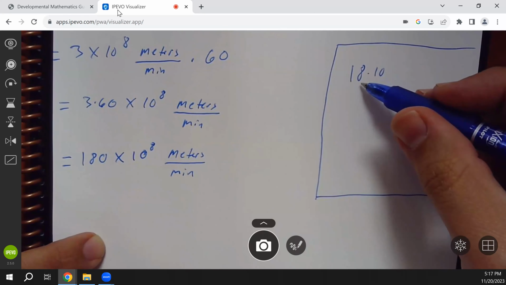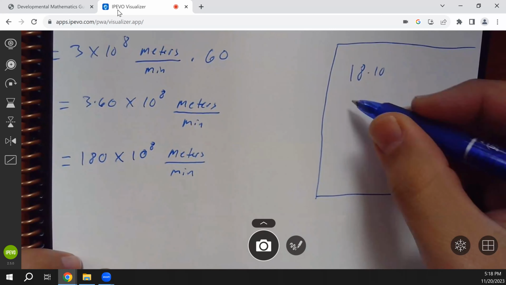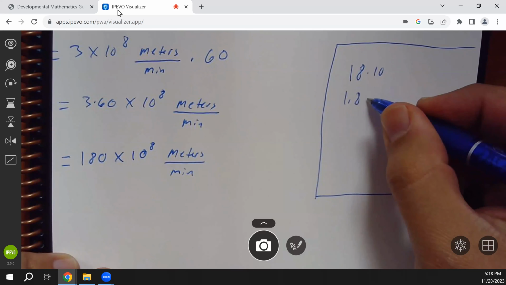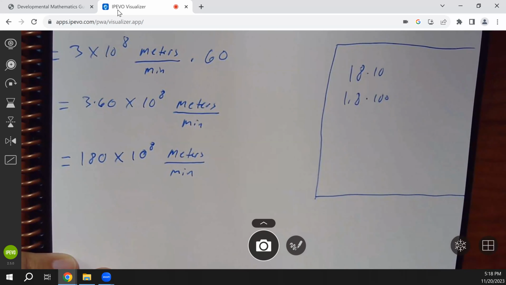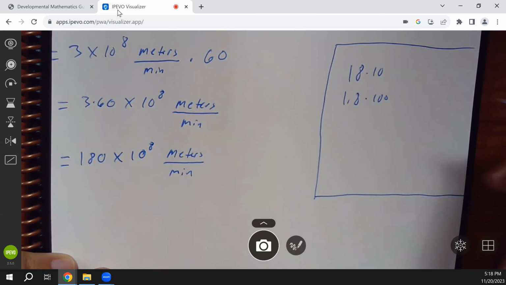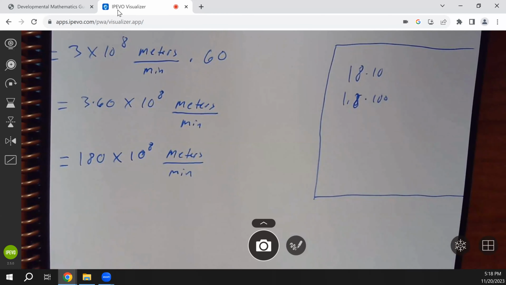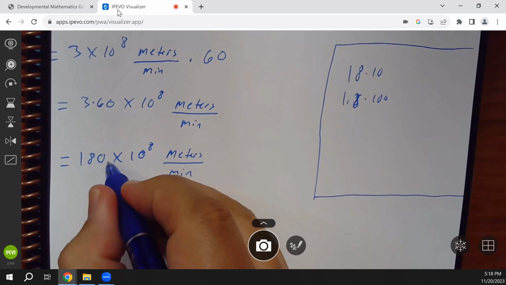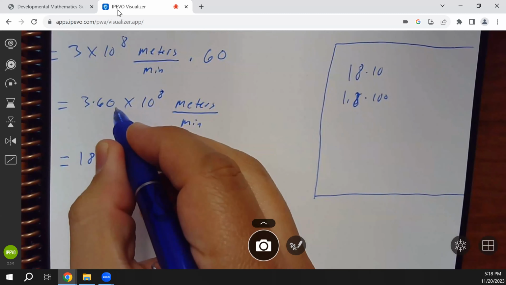So now it's smaller, right? If I take out another 10, you agree that 1.8 times 100 is the same as 180? So basically what I'm doing is moving the decimal point. There's always a decimal technically there, we just don't write it.